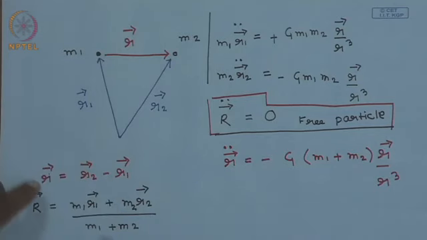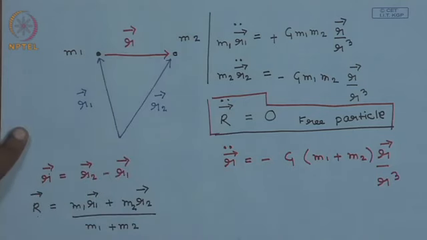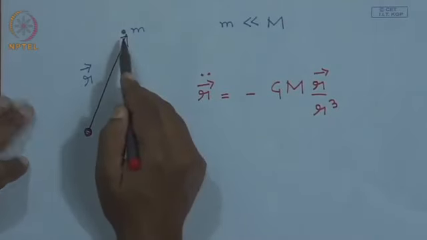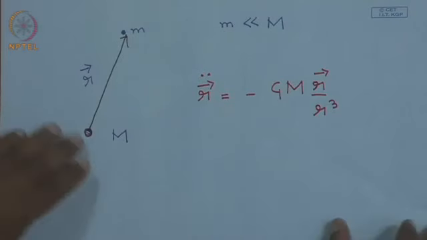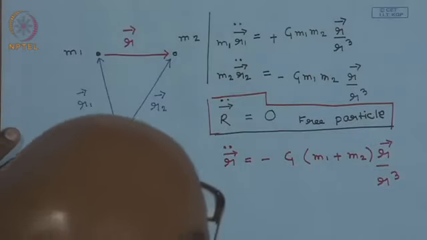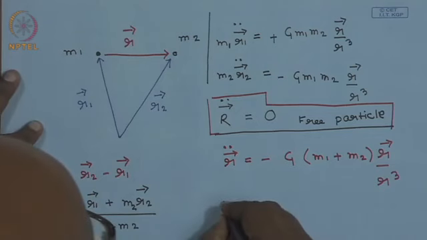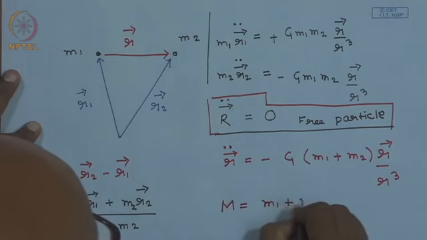So, what you see is that the difference vector, the relative displacement between the two particles, is governed by this equation, which is exactly the same equation of a test particle in motion around a very massive object of mass m. So, the separation vector between the two particles behaves just like the motion of a test particle in the gravitational field of an object of mass m1 plus m2.